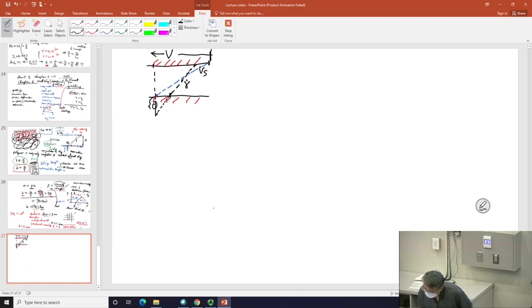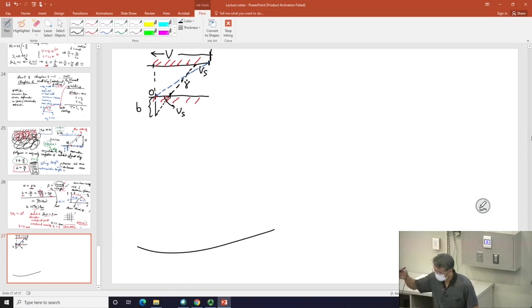Extrapolate to 0, and you get a B like that. 0 is here, so this is Bs. And today I want to first start by indicating how you speak about how much wall slip there is.